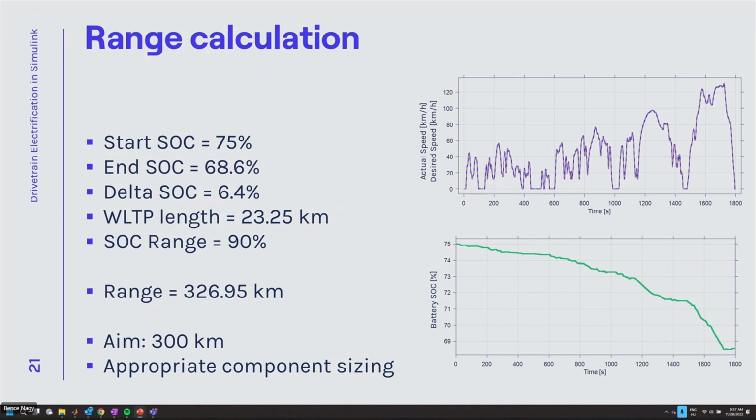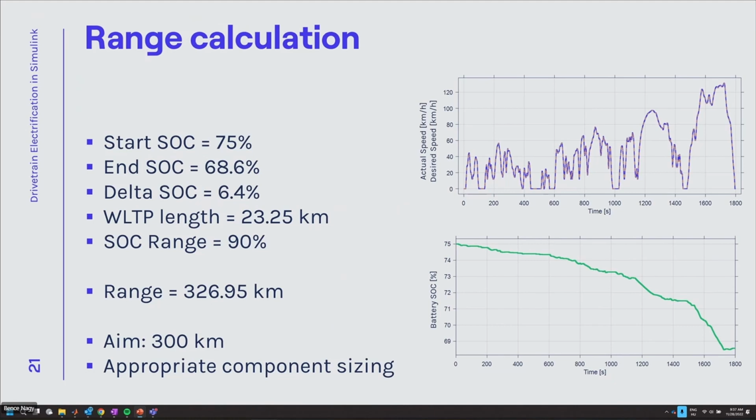And from this, we can calculate the range of the vehicle. This was for the state of charge for 90%. Based on those 90%, we get the range of 326.95 kilometers, so almost 327 kilometers. Our aim was to reach 300 kilometers.